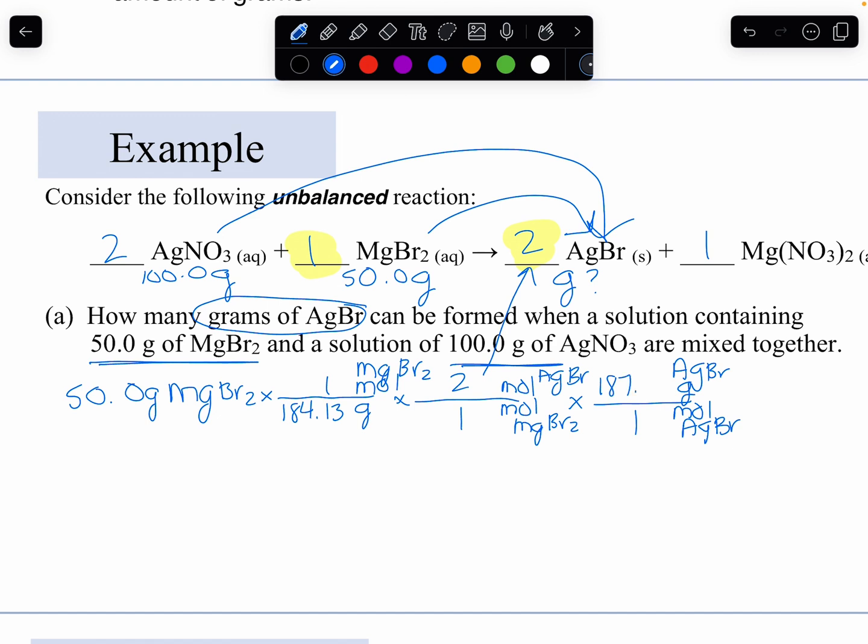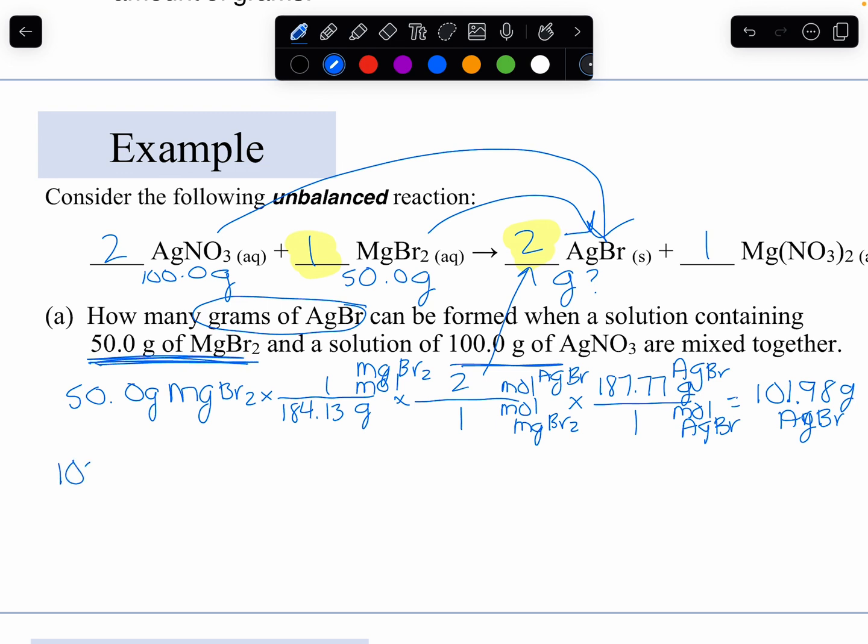Again, we're going to use molar mass, and our molar mass is 187.77. When I do this math, I get 101.98. I know that is not in sig figs, but we'll go ahead and do that in a few moments when we've decided that that is our correct answer.